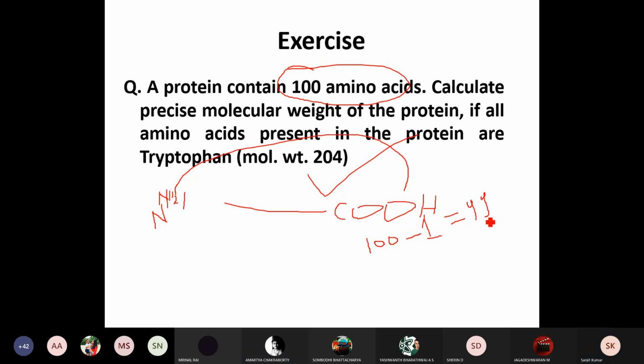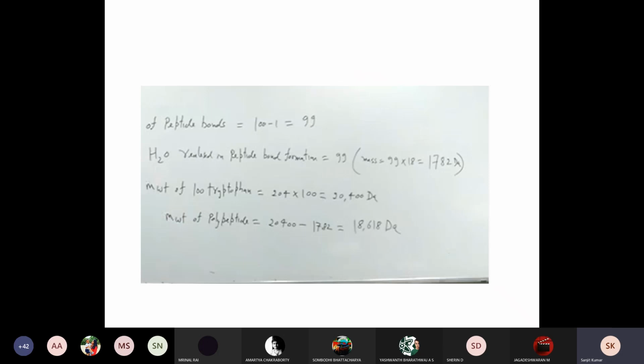One water molecule, 18, will be lost. Then 99 multiplied by 18, so 99 water molecules will be lost. Total peptide bonds formed: 100 minus 1, it will be 99.